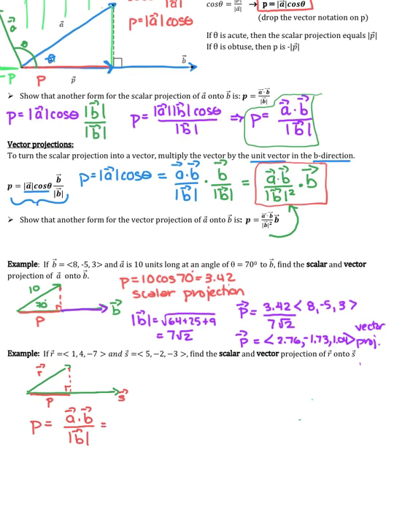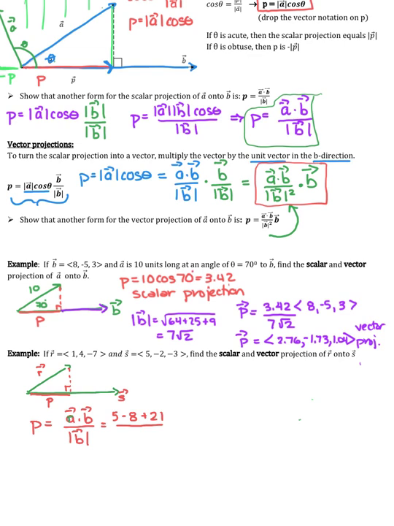So let's go ahead and calculate this out. The dot product is going to be on top. We have 1 times 5 plus 4 times negative 2, so negative 8, plus 21, all over the magnitude of, I did it again. I should have written R and S and P. I'm sorry about that.